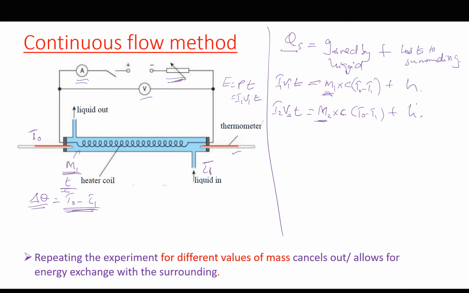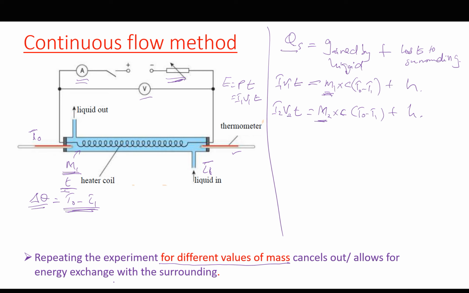Because when I subtract these two equations, H disappears. So this is considered to be the best method for determining specific heat capacity of a liquid, because repeating the experiment for different values of mass cancels out energy exchange with the surrounding.